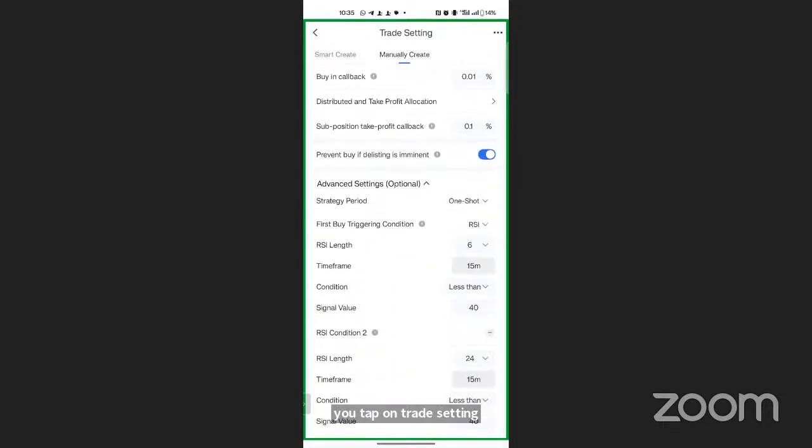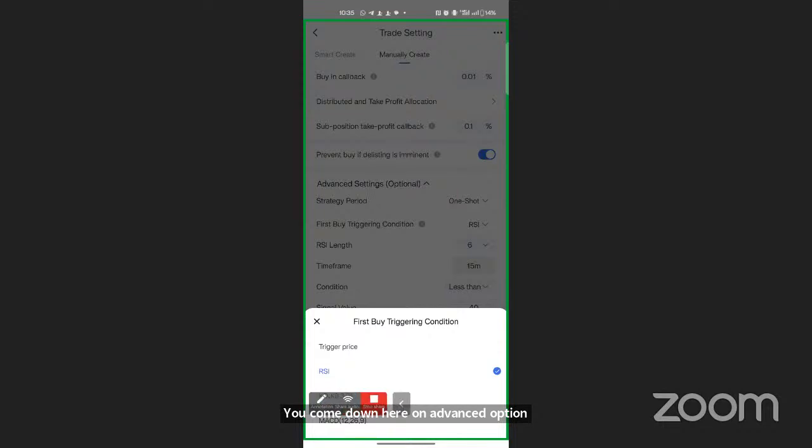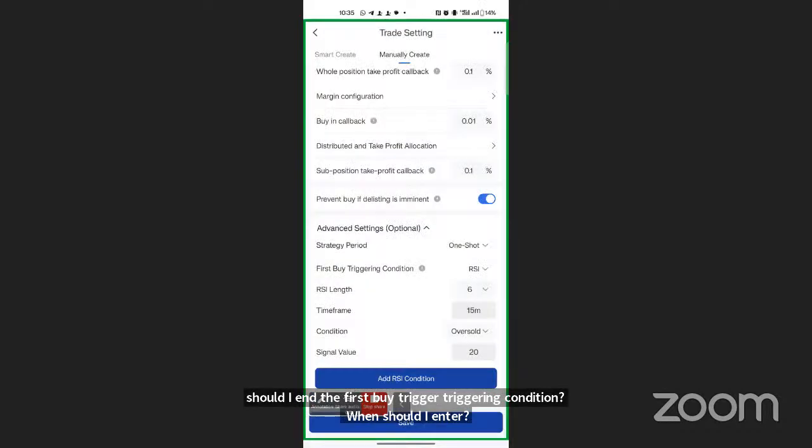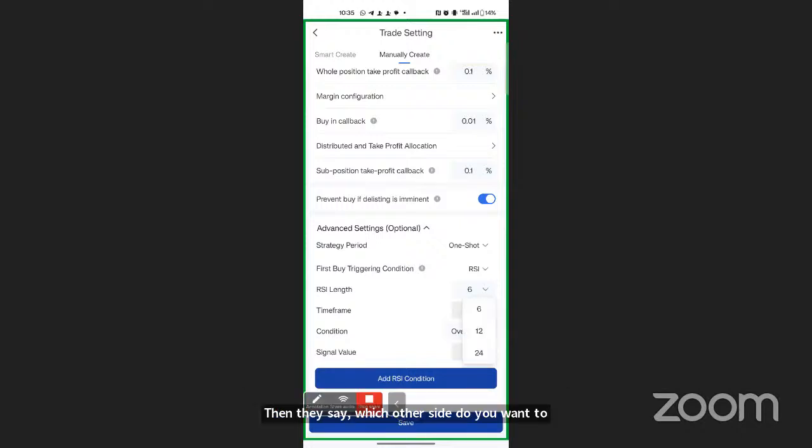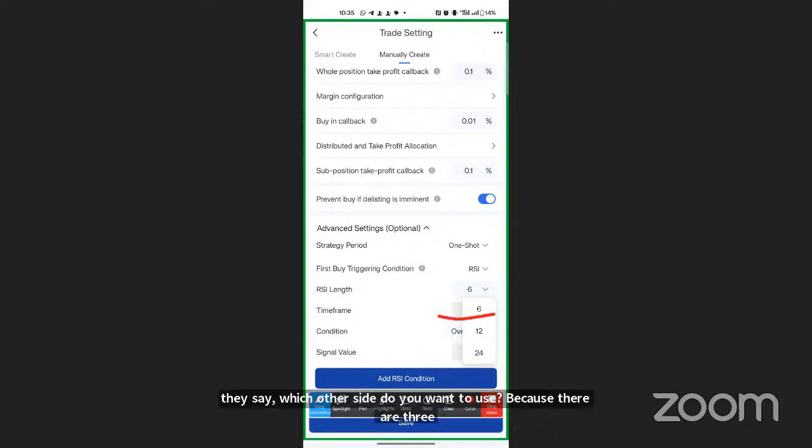And there is a word, when should I enter? First buy trigger, triggering condition. When should I enter? Then you select RSI. It comes. Then they say, which RSI do you want to use? Because there are 3. This one is very fast and highly risky. This one is moderate.